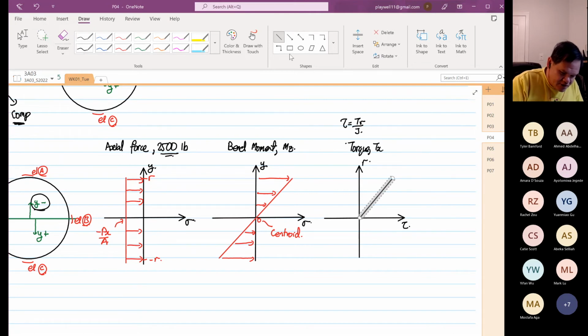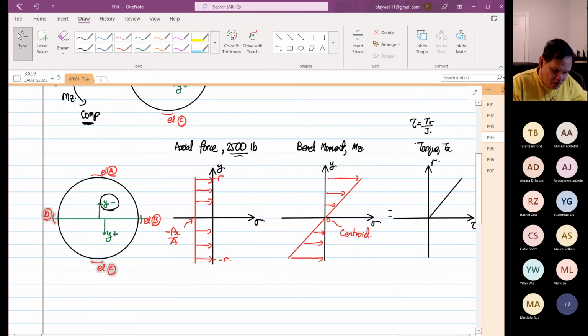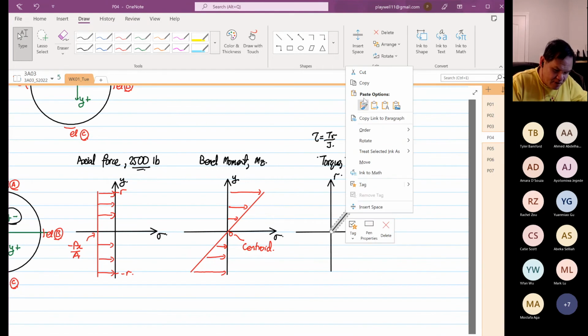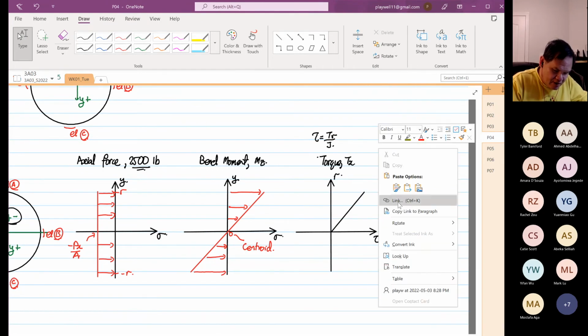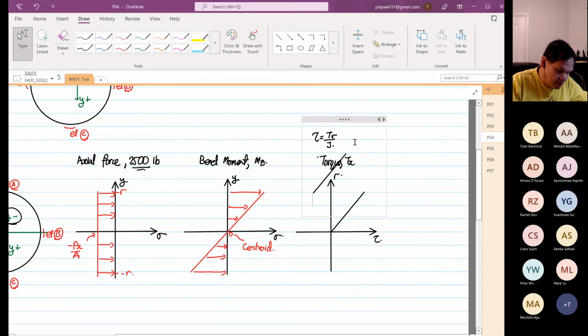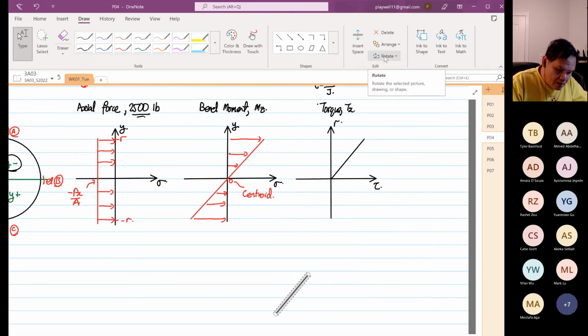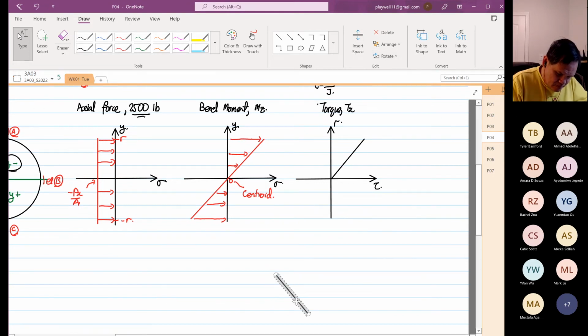The shearing stress is 0 at the center, where the radius is 0, and then it goes to the maximum where the radius is the biggest, the maximum radius. So this is how our shear stress looks like, which is fine.